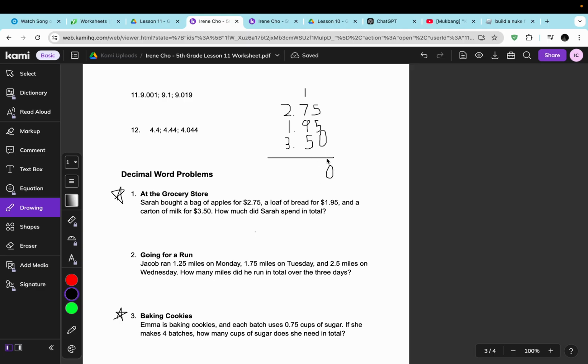And then 9 plus 7 plus 1 plus 5 is 22. And then 3 plus 2 plus 1 plus 7 is 8. So the total is $8.20.